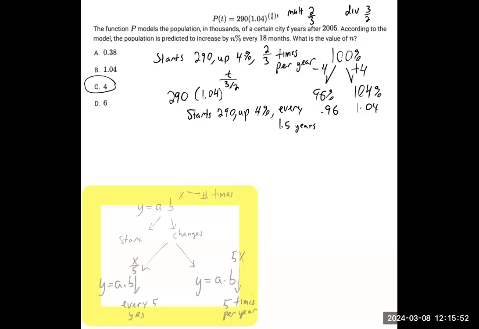If we looked at it the other way and said it's happening 2/3 times per year, that means that after 1 year, it's done 2/3 and it needs another 1/3, and that would actually be another 6 months. So this would also lead you to the same idea in a more complicated manner. But seeing it this way tells you that it's going up 4% every 3 halves year, every year and a half, which is answer choice C.